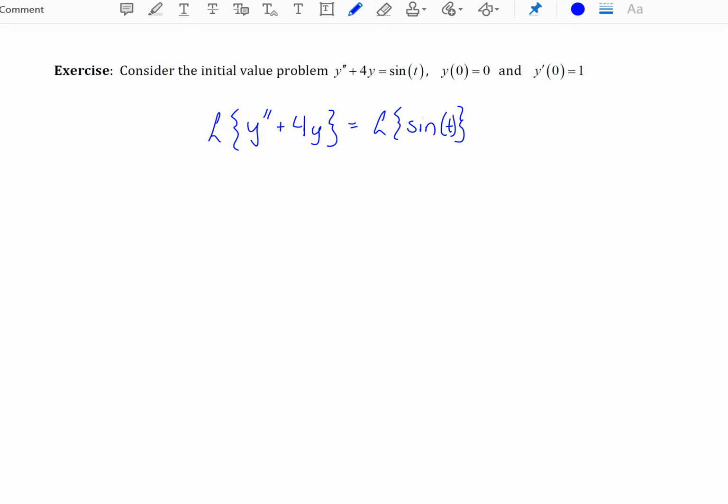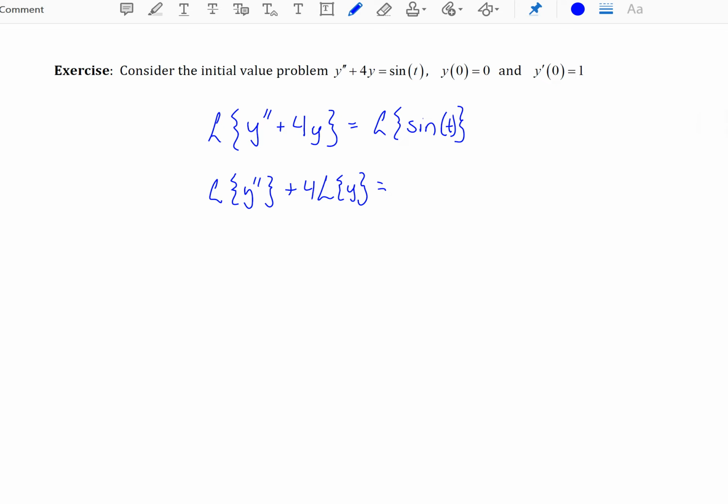Using the fact that the Laplace transform preserves vector addition and scalar multiplication, we can rewrite the left-hand side and the right-hand side. We need to know what is the Laplace of sine of t.